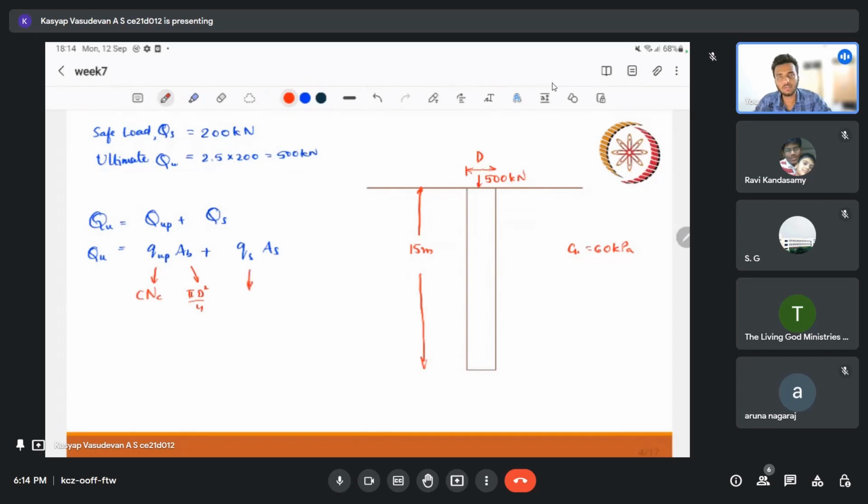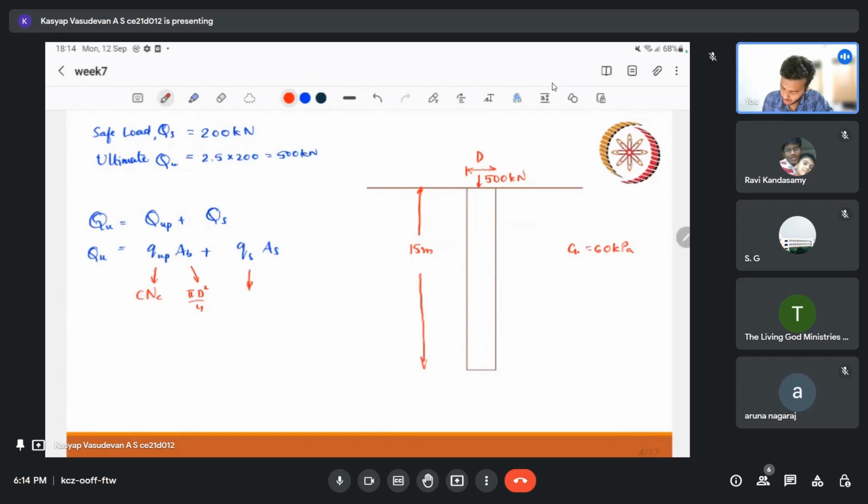For Qs, we are dealing with clay, so just by adding a new factor, that is the adhesion factor. Adhesion is nothing but the property like the shear strength between two interfaces which are two different materials. So that's when we use the term adhesion.